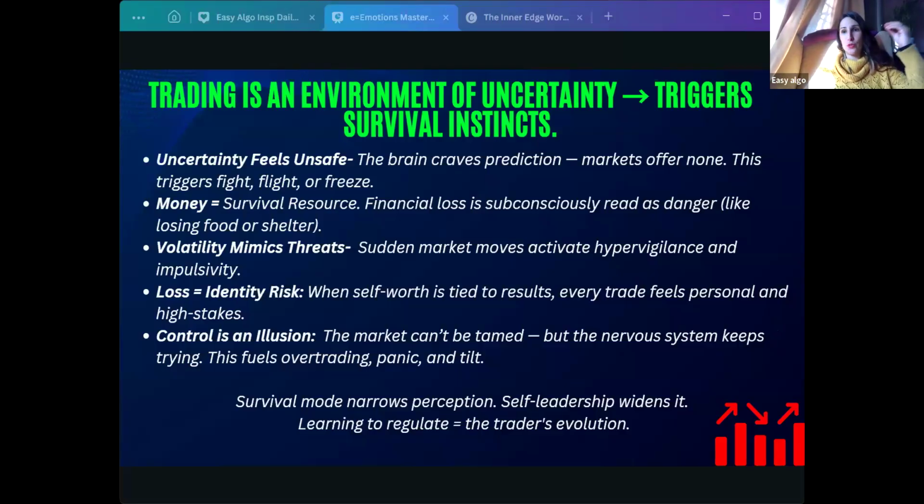Trading will trigger them. Okay, we're in a very high stakes environment, right? There is real and perceived financial risk. And remember, money is so intrinsically woven into our survival. So as soon as there's money on the line, boom, survival mode has been activated.